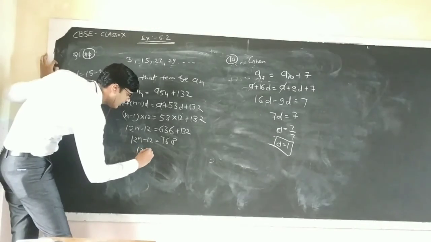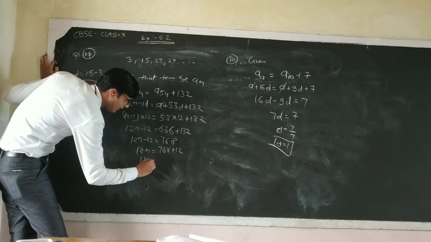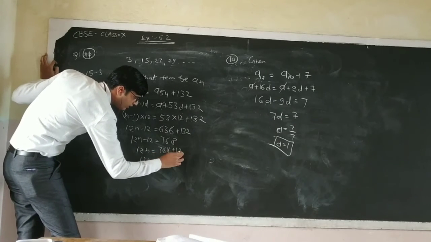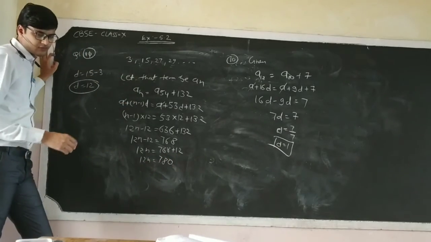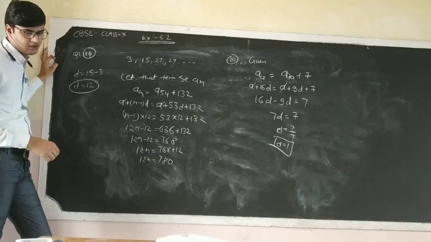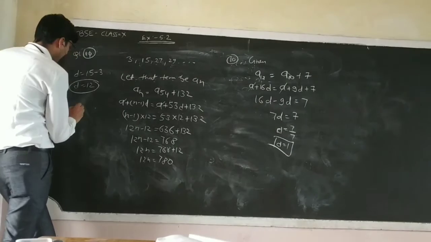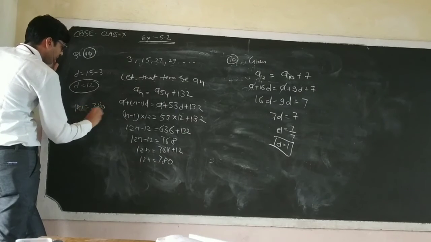So 12n equals 768 plus 12, which is 780.